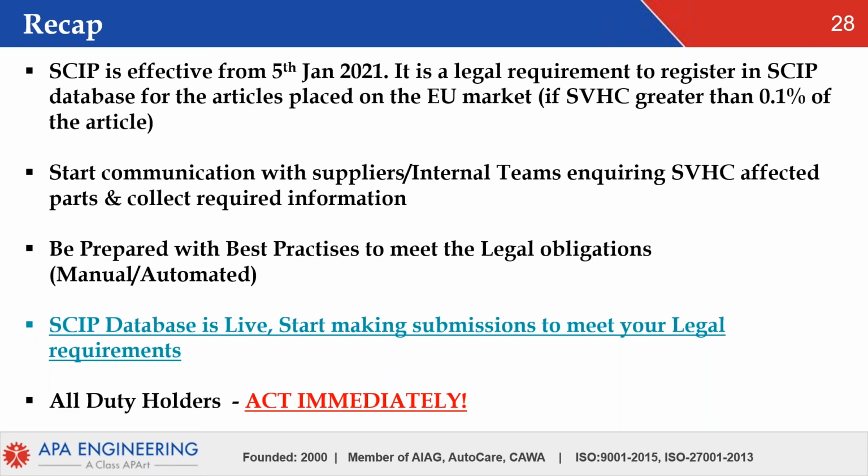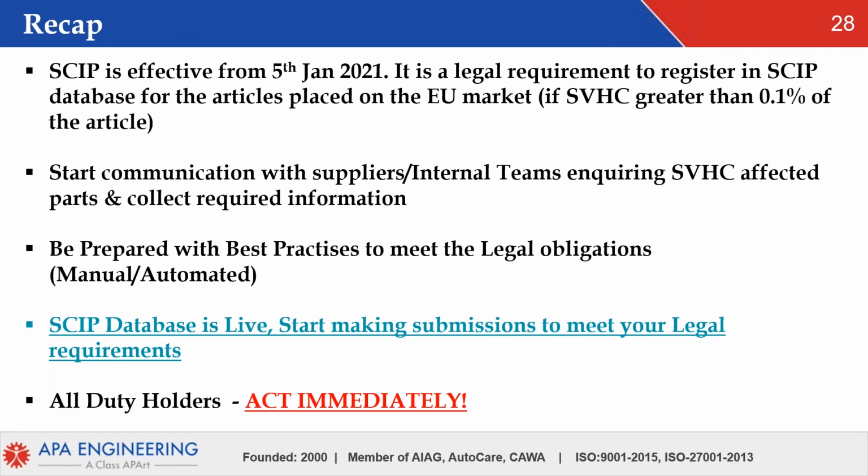There we go. So everyone, please remember SCIP is effective January 5th, 2021. It is a legal requirement to be registered in the SCIP database for any articles that you have where the SVHCs are greater than 0.1%.